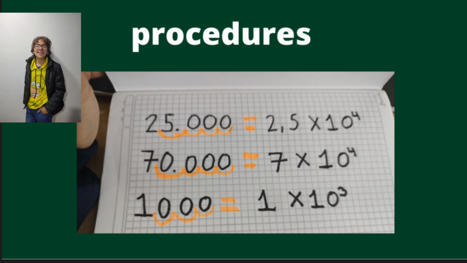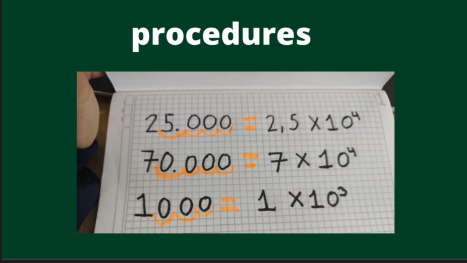And we have the last process, that is 3 zeros and 1. So it gets 1 multiplied by 10 to the 3, and there are 3 zeros, so you have to move the comma 3 positions.